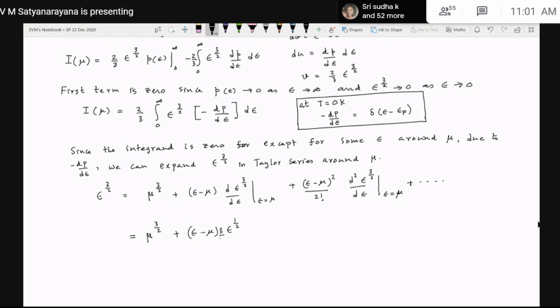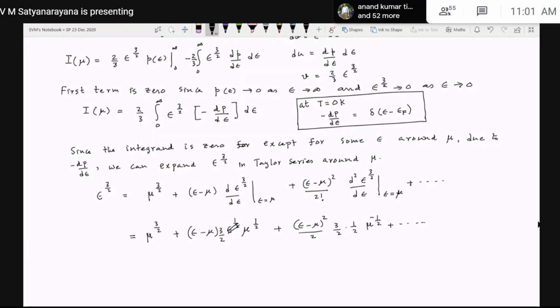Sorry, I have to evaluate this at mu, so that is mu to the power half, plus epsilon minus mu the whole square by 2 into 3 by 2 into half into mu to the power minus half, and so on.